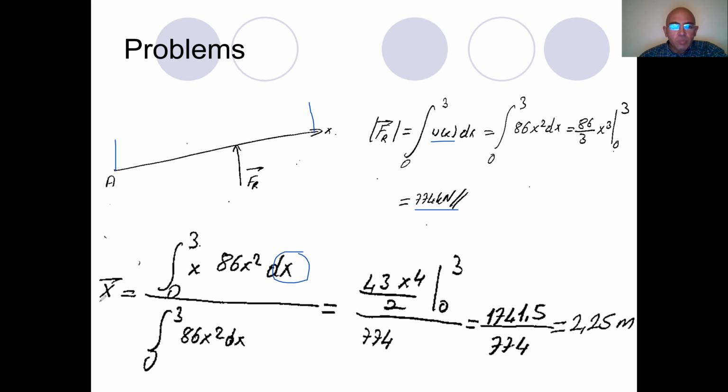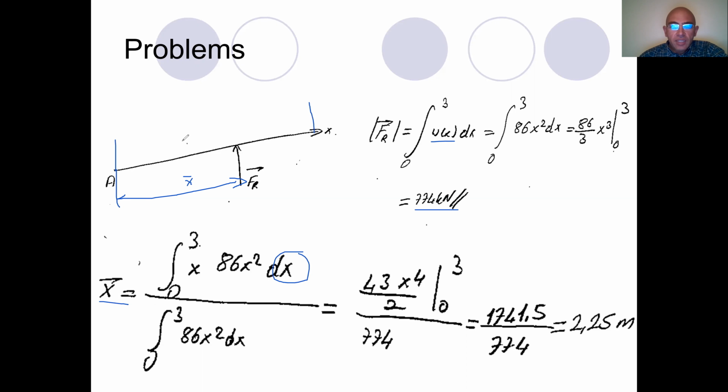Now let's find the x bar, where the x bar is the distance of the resultant force from the origin. Therefore, we have to calculate the moment generated by the distributed load.